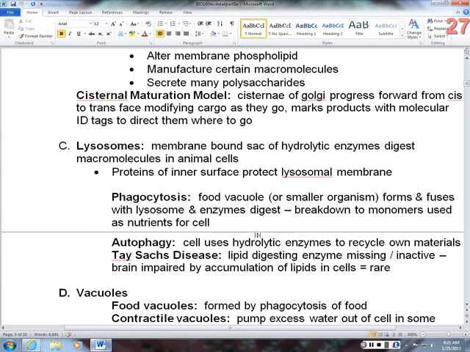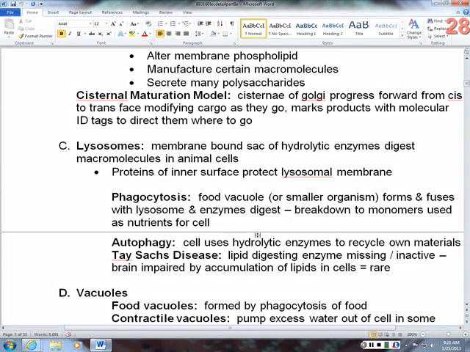So when they get together, the membranes fuse, and it allows the contents to get dumped in. So that way you can digest what's in here, but not digest everything else in your cell at the same time.